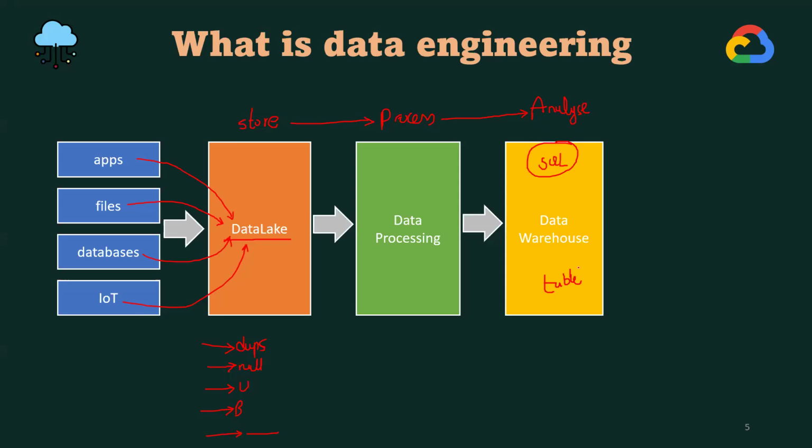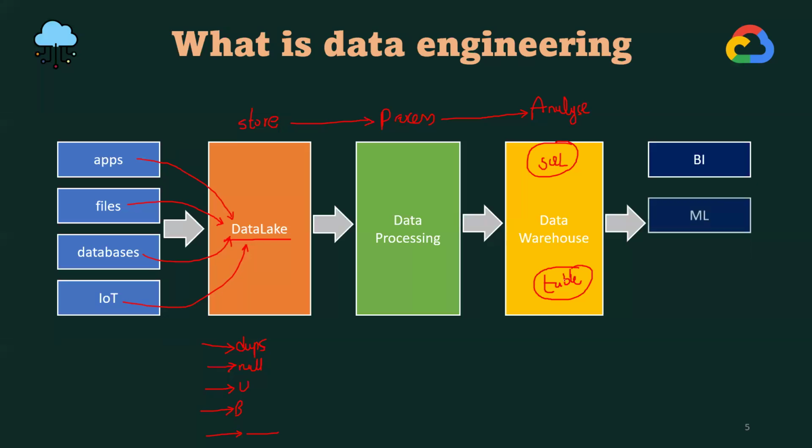now the analysis report that you have created is in the form of a table. So this data can be used by BI for creating the dashboards. These analysis reports can be used for ML for creating the ML models. Or this data will be used by the data scientist for finding the future trends.